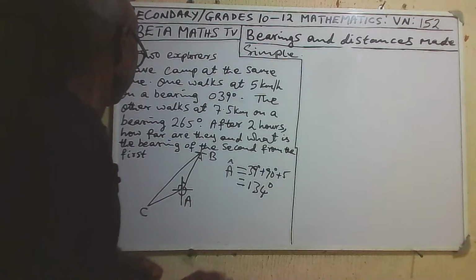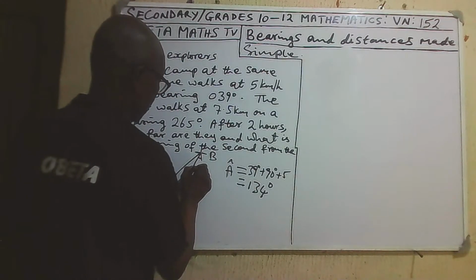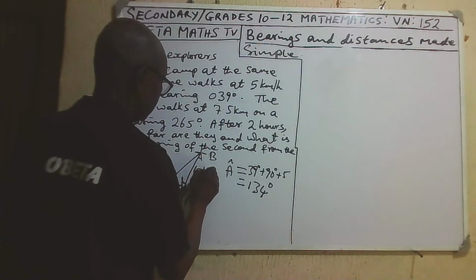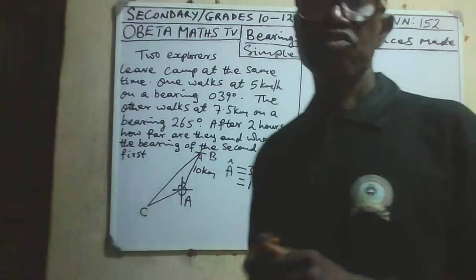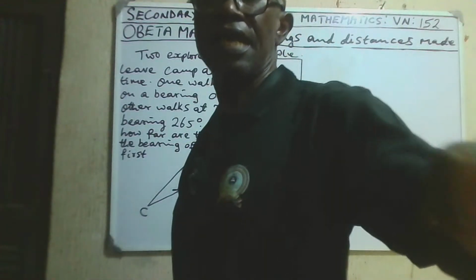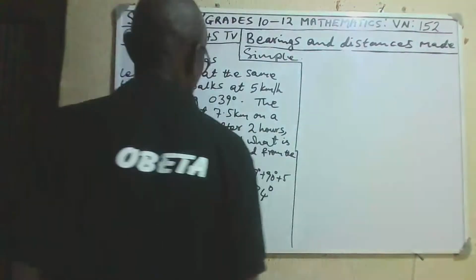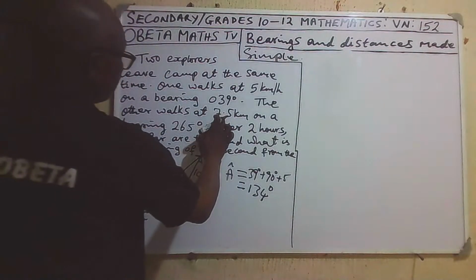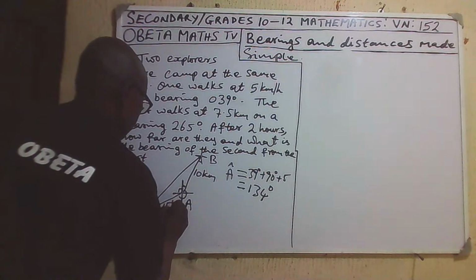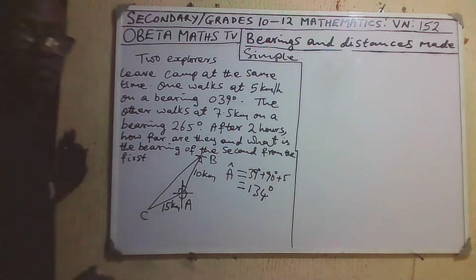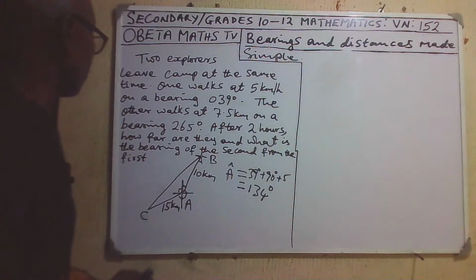After 2 hours, this one has traveled 10 kilometers, because traveling 5 kilometers per hour, in 2 hours it will be 10 kilometers. The other one, 7.5 times 2, will give us 15 kilometers. Okay, so that is that, and then we move on.